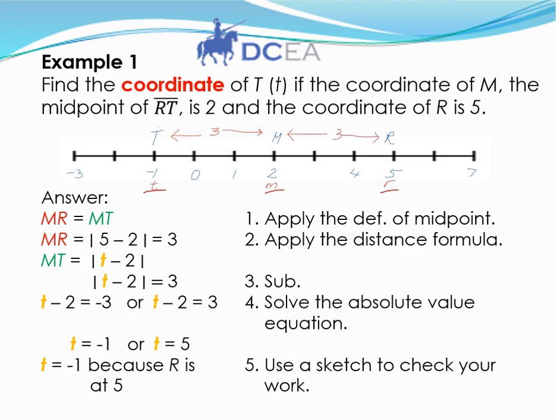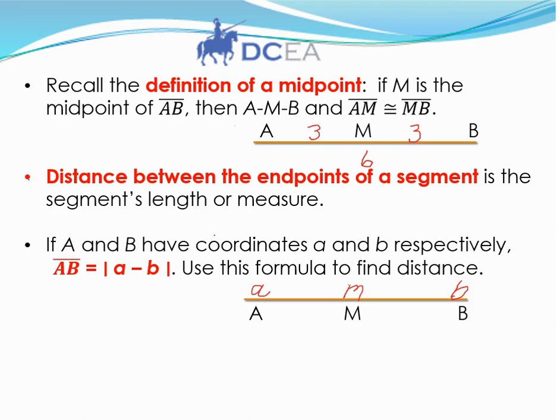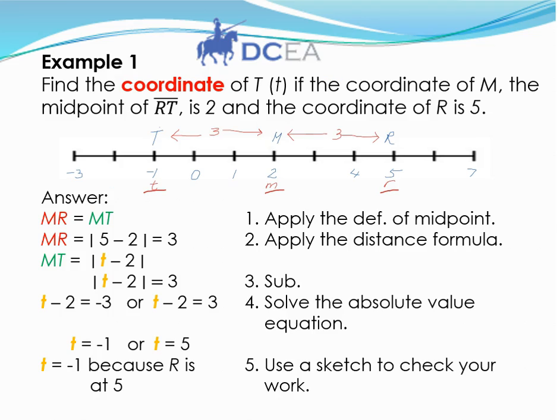Now, we're going to use our distance formula. The distance formula was back here. AB equals the absolute value of a minus b. We're using that distance formula, and we're going to substitute our numerical values for our coordinates in there.